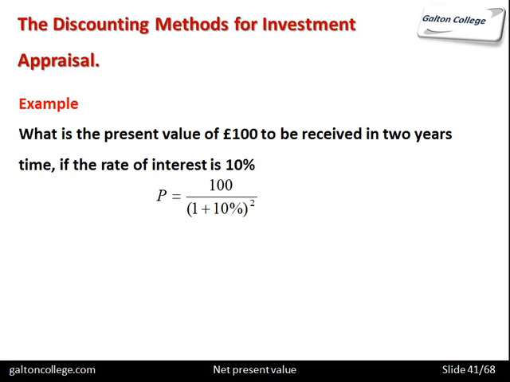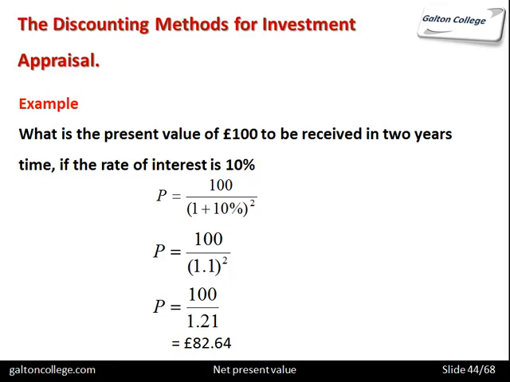And the rate of interest is the same for the 2 years, we're assuming, at 10%. So it's 1 plus 10% squared. Now, if we evaluate that, we have 100 divided by 1.1 squared, which is just 100 divided by 1.21, which is £82.64.